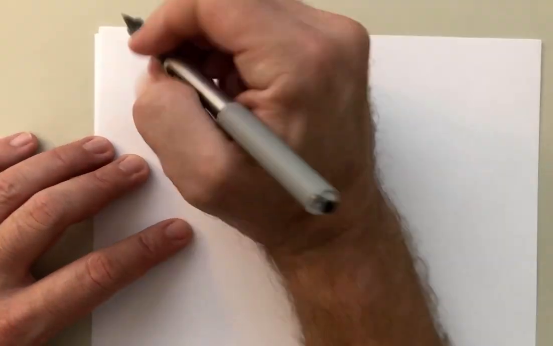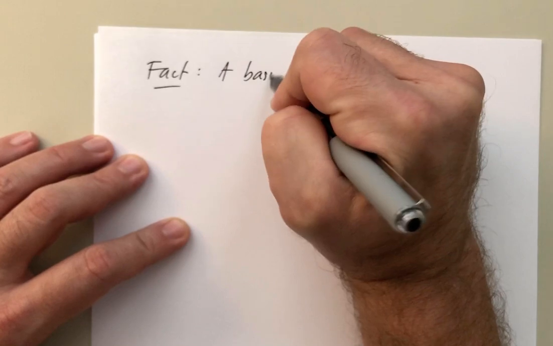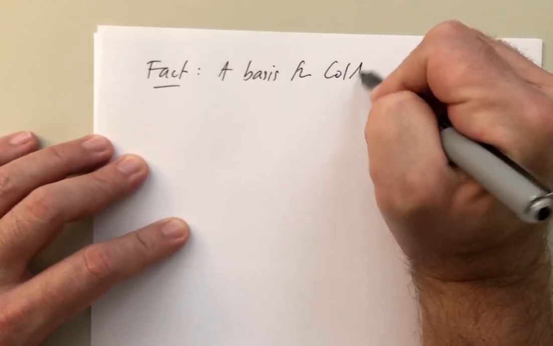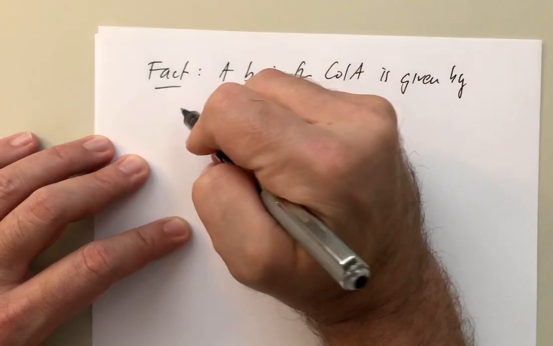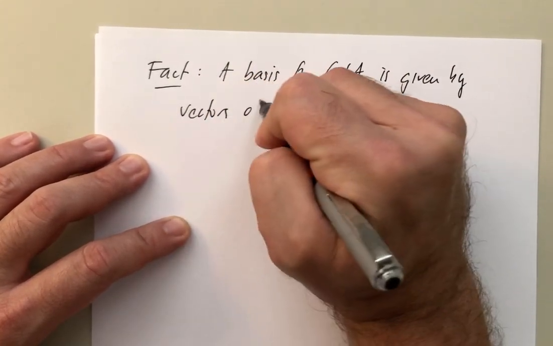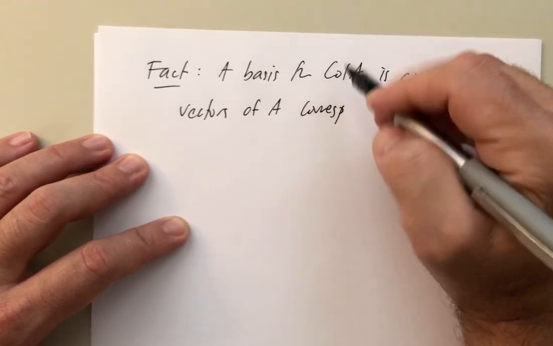Okay, so what's the punchline of all this? Let me just say this as a fact: a basis for the column space of A is given by the vectors of A corresponding to pivot columns.